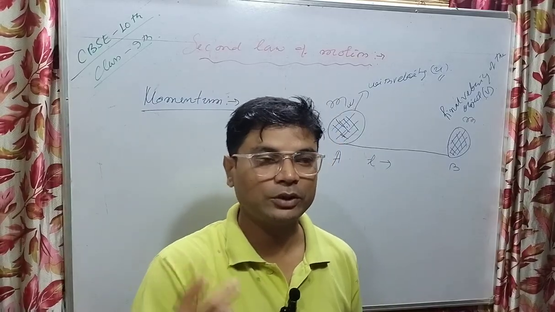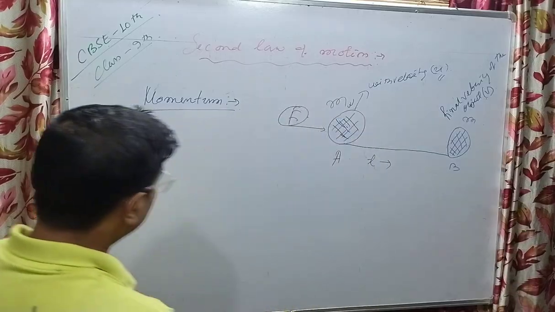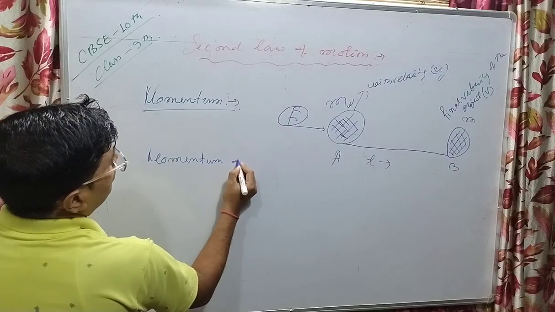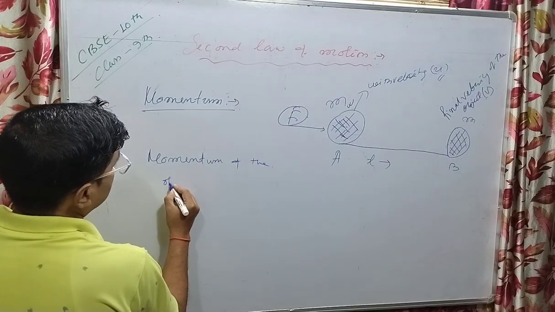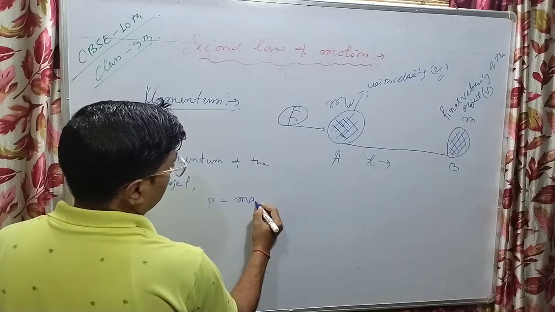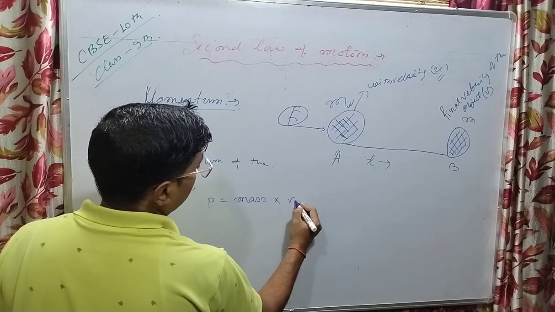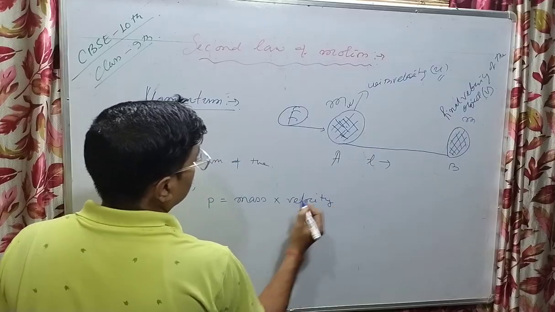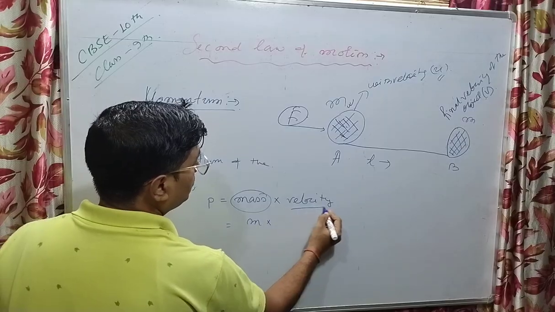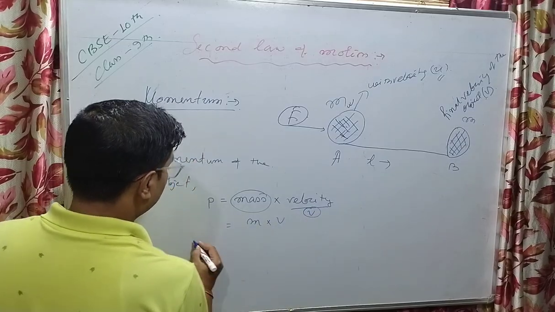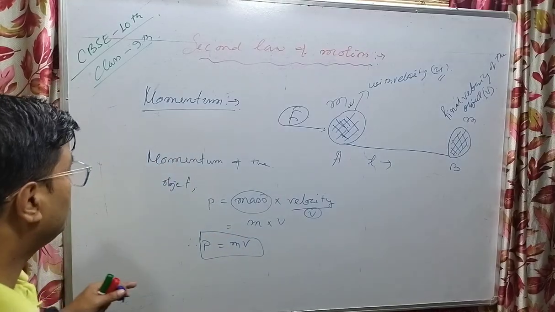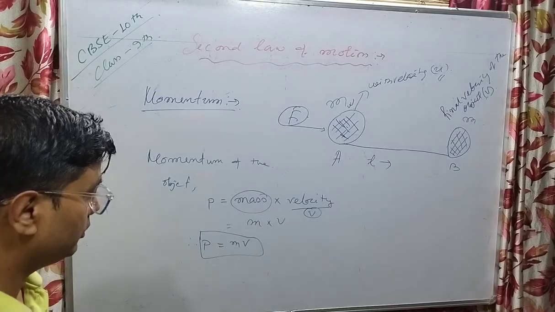Then the momentum of that object is given by mass into velocity. If the mass is m and the velocity is v, then momentum is equal to mv.